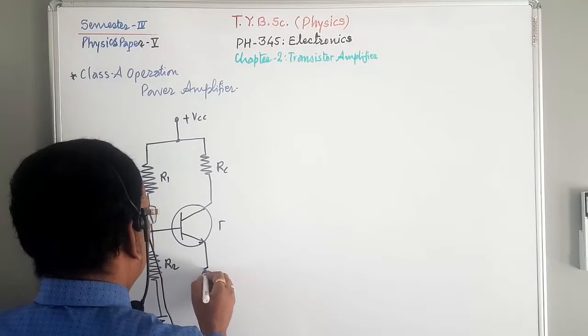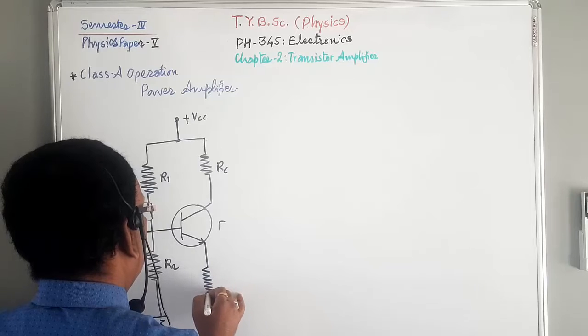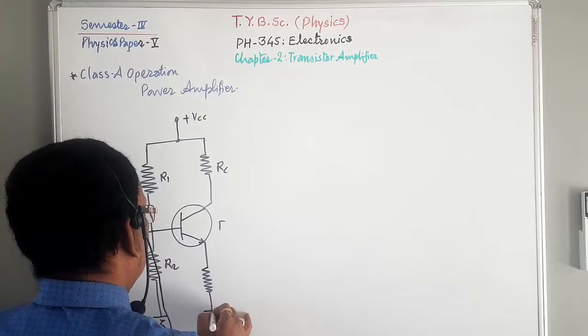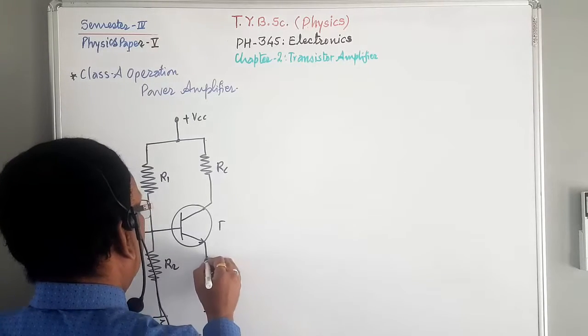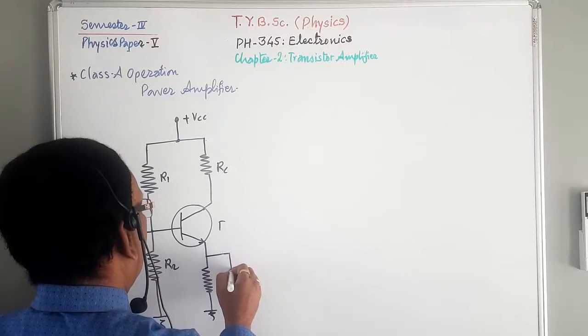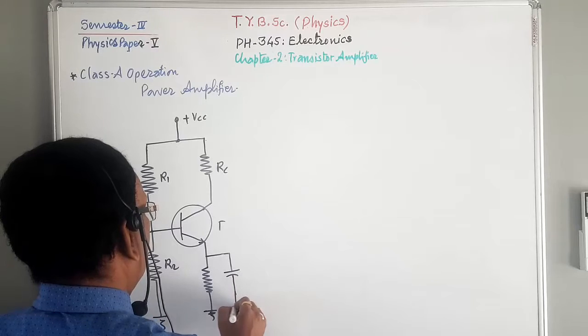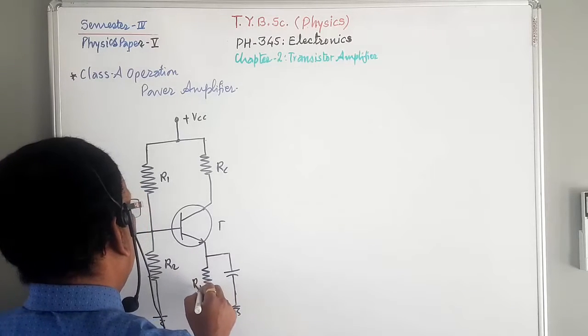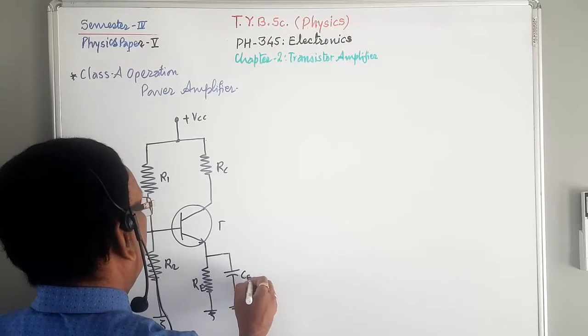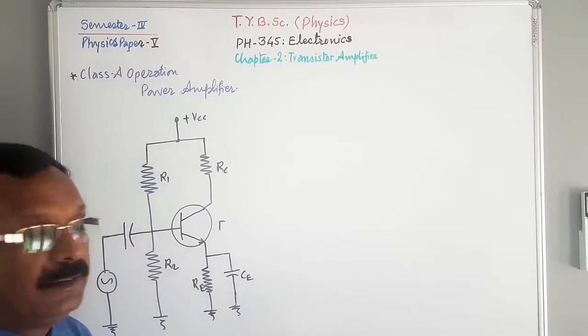Now there is RC coupling at the emitter in order to stop thermal runaway. This is the emitter resistor and this is the emitter capacitor, RE and CE.